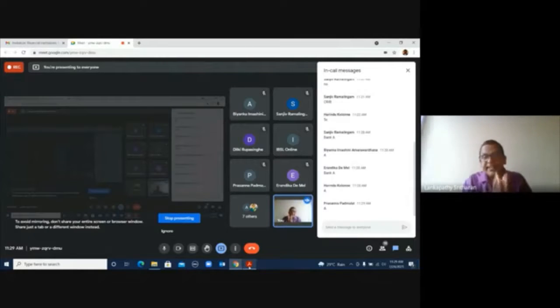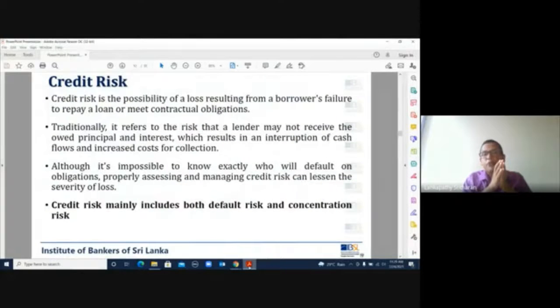If, assuming equal loans, one customer fails, the particular bank's NPL rate would be 10%. But in the case of bank B, with 500 customers, even if 2 or 3 customers fail to repay, the NPL ratio will not increase that much. That is called concentration. So bank A is exposed to higher concentration risk.